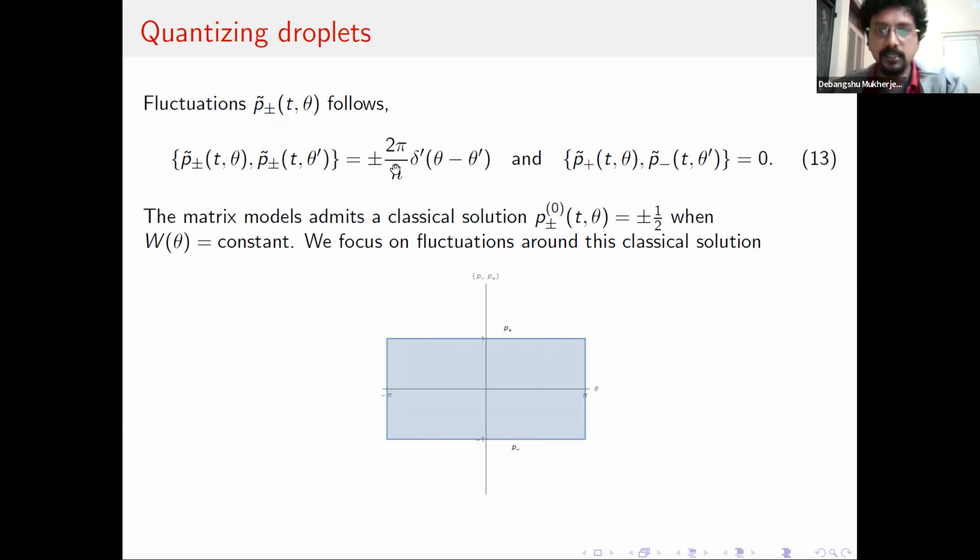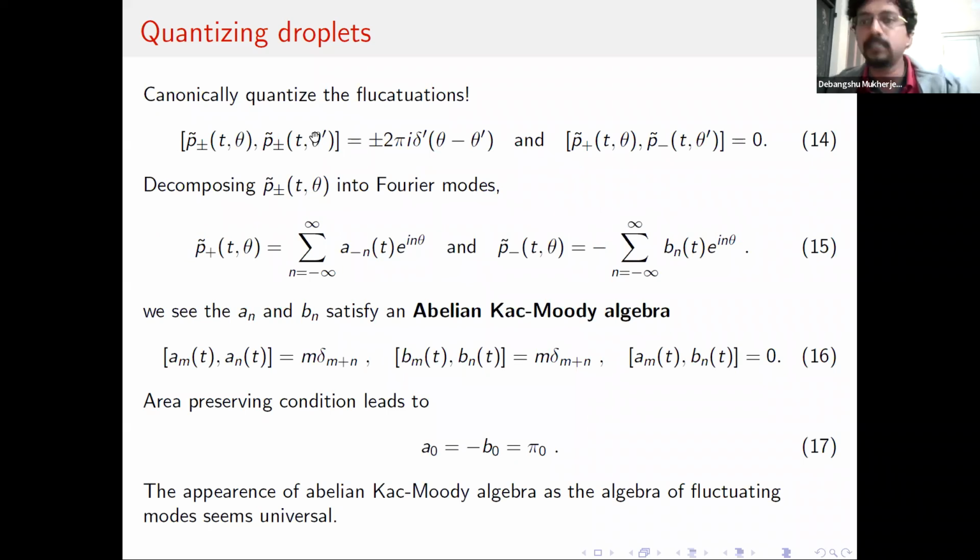But in any case, this factor of h cut is going to go away, because this is the point where we are going to canonically quantize the fluctuation. So again, to reiterate, I had a classical solution. Now I'm fluctuating and I'm quantizing only the fluctuations. This is the picture where we are right now.